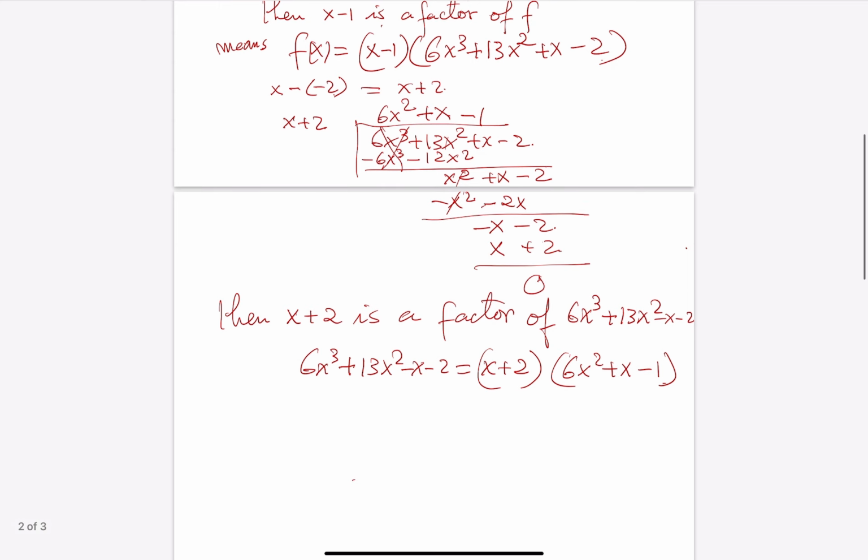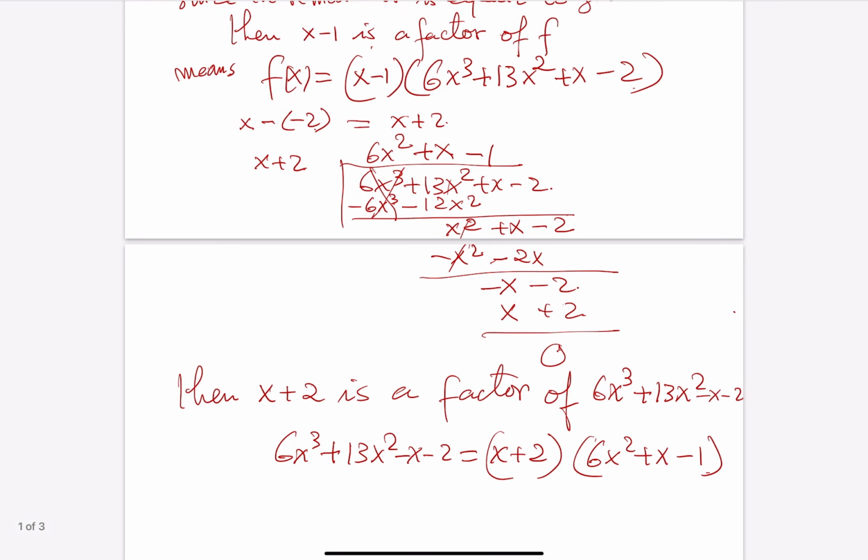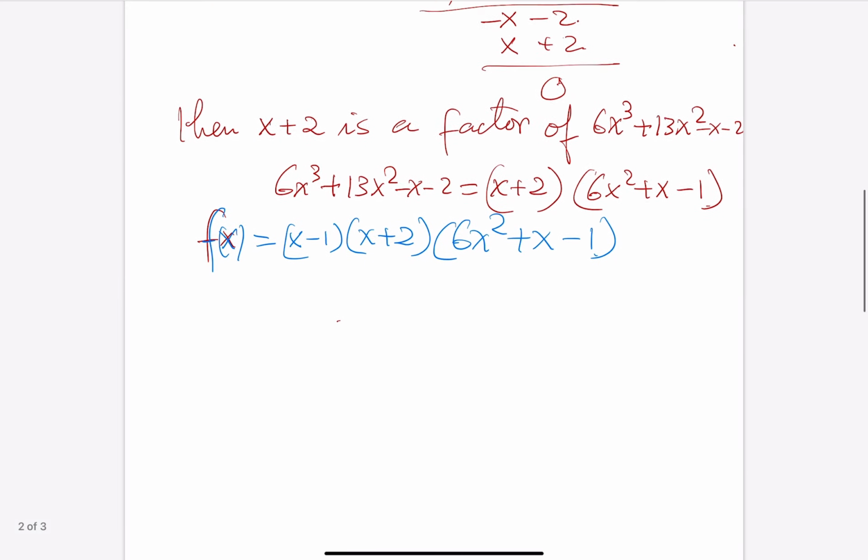So now our function will look like this. f(x), let me write it down in blue. f(x) is equal to x minus 1 times x plus 2 times 6x squared plus x minus 1. Okay? Got it?